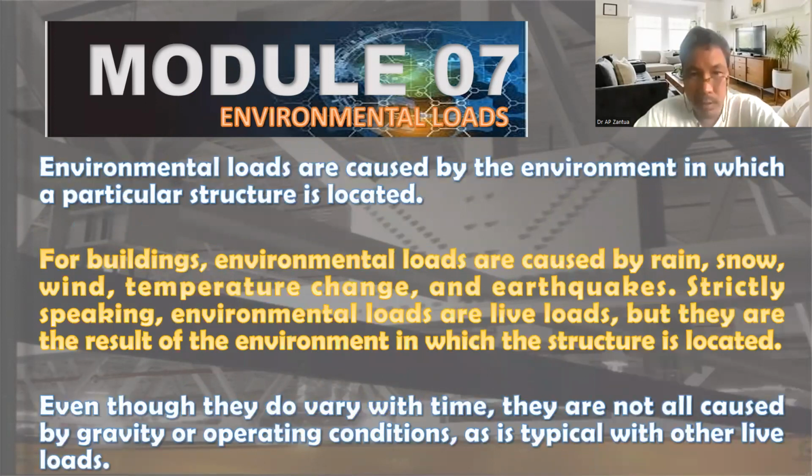Environmental loads are caused by the environment in which a particular structure is located. For buildings, environmental loads are caused by rain, snow, wind, temperature change, and earthquakes. Strictly speaking, environmental loads are live loads because they change in magnitude and location.